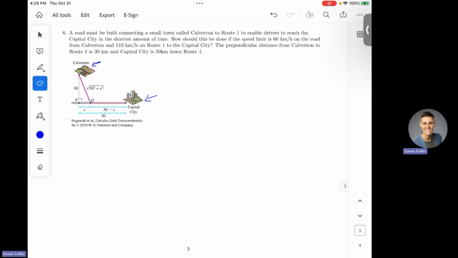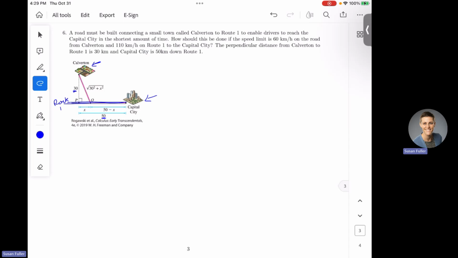The perpendicular distance from Calverton to Route 1 is 30 kilometers, which is in here, and the capital city is 50 kilometers down Route 1, which is here. Okay, so this horizontal road here, this is Route 1.